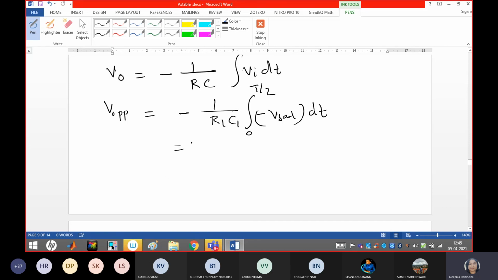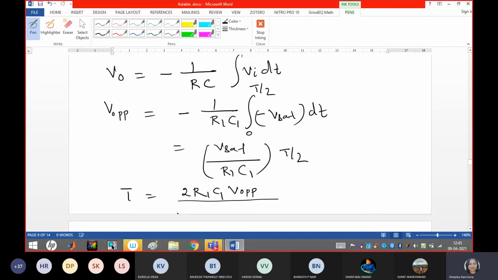So how much do we get, guys? It is nothing but V set whole divided by R1 C1 into T by 2. So T can be written as 2 of R1 C1 into V output peak to peak whole divided by V set.